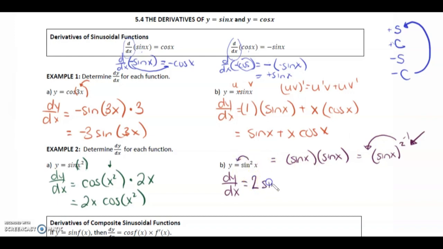So 2 sine, and then that will subtract 1, so we just leave it, x. We don't have to put that 1 there. We can. And then chain rule, what's the derivative of x? Well, that's just 1. So we didn't really have to do that because this function here is just an x. So yes, this is 2 sine x.